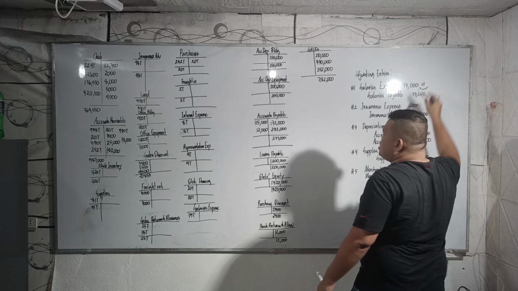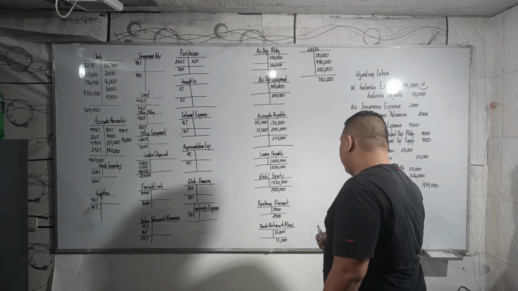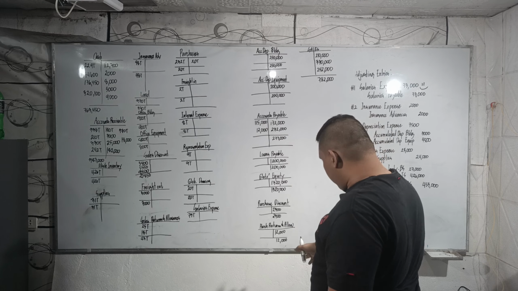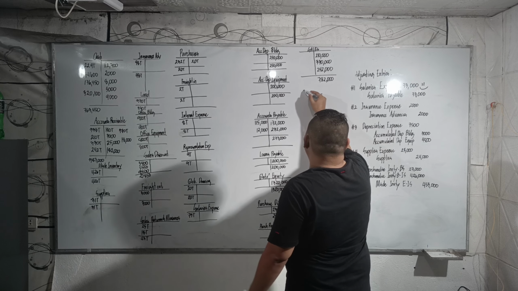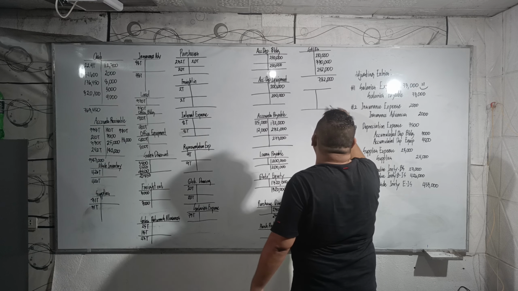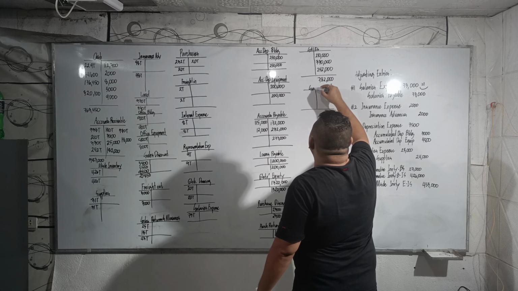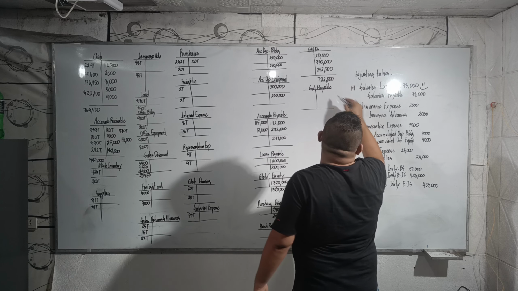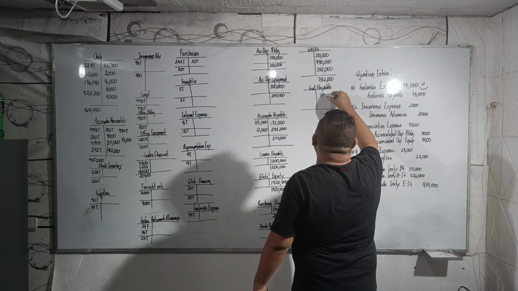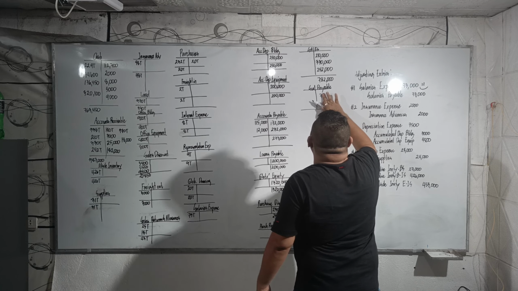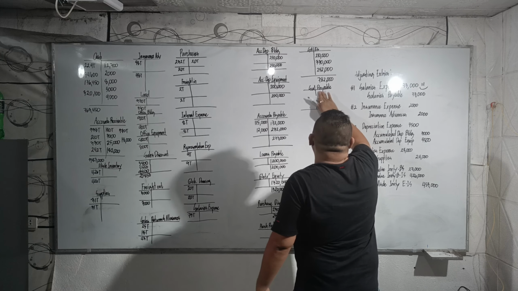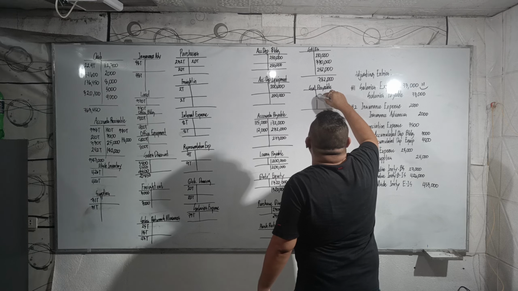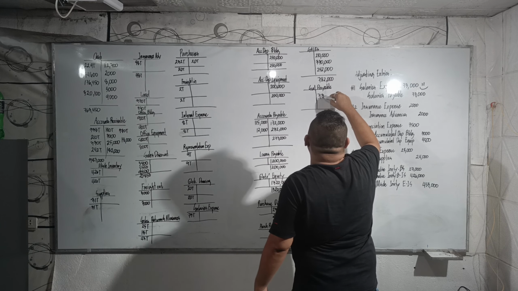And we have salaries payable. We don't have any salaries payable also, so let's put a new T account for salaries payable. Salaries payable is credit 73,000.